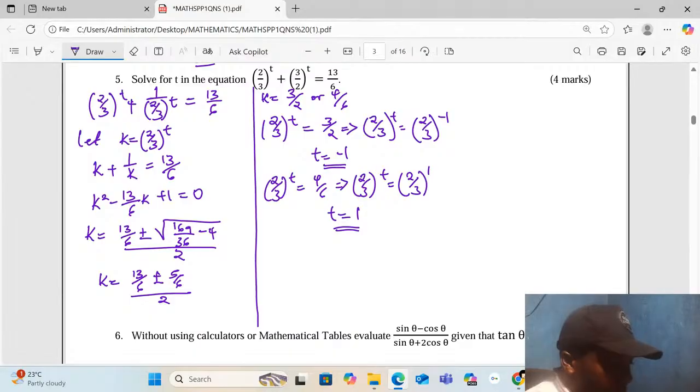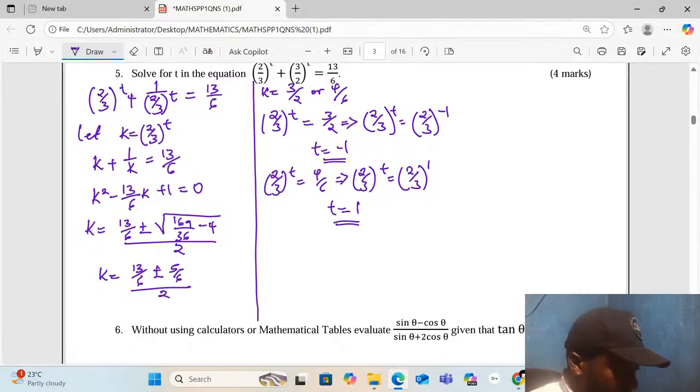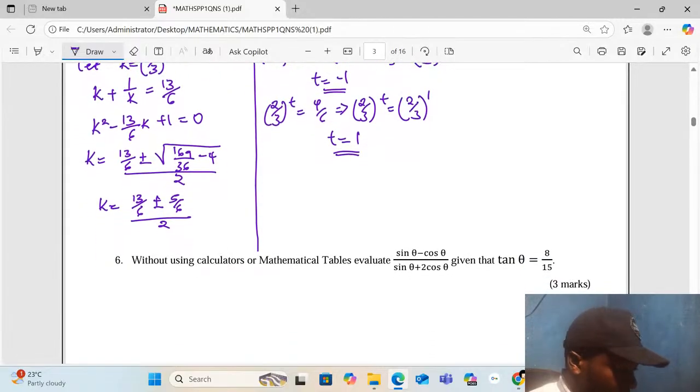That is how we get the values of t. So t is equal to negative 1, and also t is equal to 1, as you can see. And this is how you scoop your 4 free marks, and move to the next question.